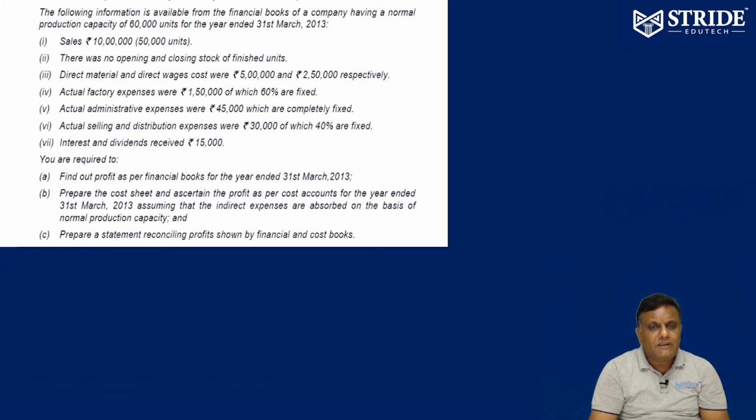Actual admin expenses are 45,000, which are completely fixed. Actual selling and distribution expenses are 30,000, of which 40% fixed. Interest and dividend received 15,000. You are required to find out the profit as per financial accounts for the year ended 31st March 2013. Prepare the cost sheet and ascertain the profit as per cost accounts. Assume that indirect expenses are absorbed on the basis of normal production capacity.